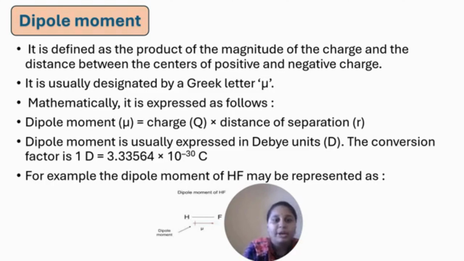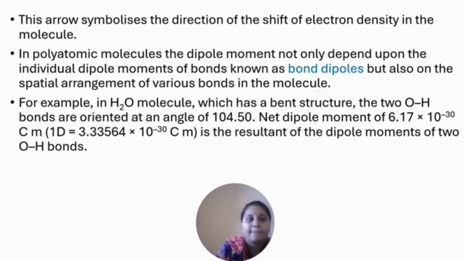The dipole moment of HF is represented as given below. This is the dipole moment, given as mu, and this arrow symbolizes the direction of the shift of electron density in the molecule.